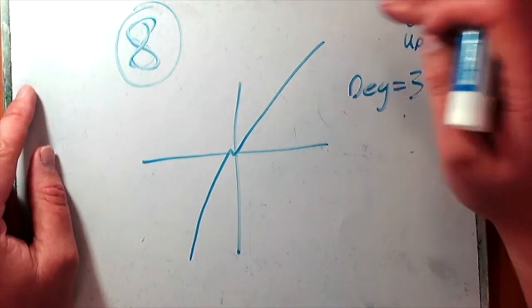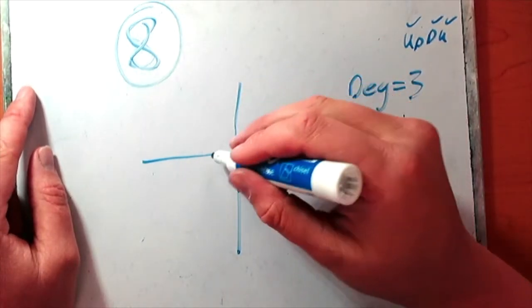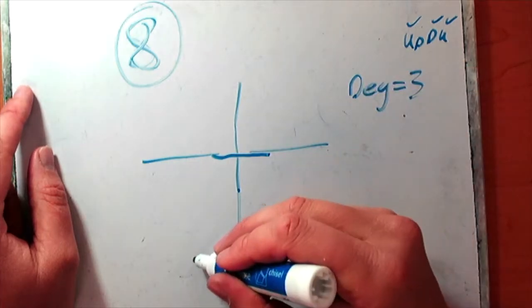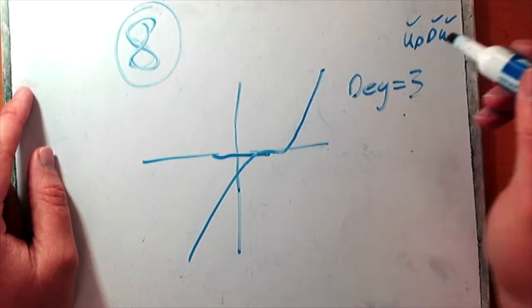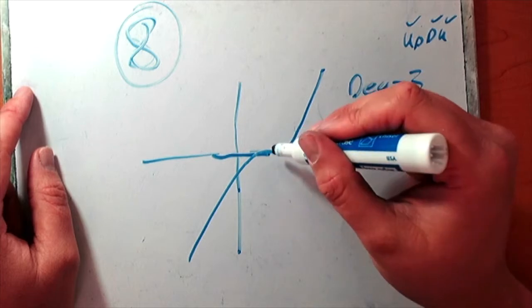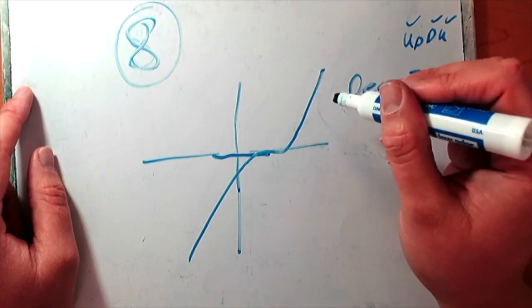You can also, and we'll talk about this a little bit more, have it go up and then go perfectly flat and then up. That flatness actually does count as a change of direction.